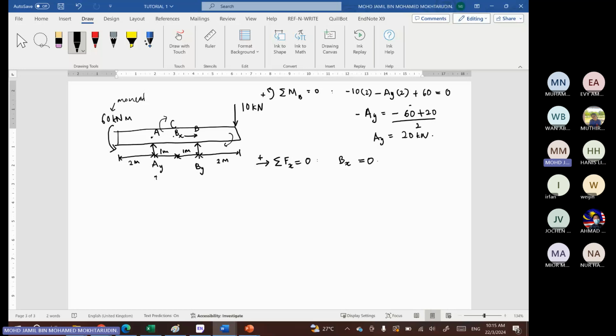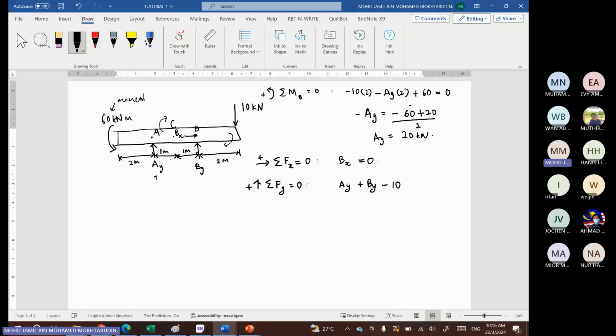Then now we can determine using equilibrium for forces in vertical direction. So for vertical direction, you have Ay going up and By going up. So plus By, Ay plus By. And then we have 10 kilonewton going down.